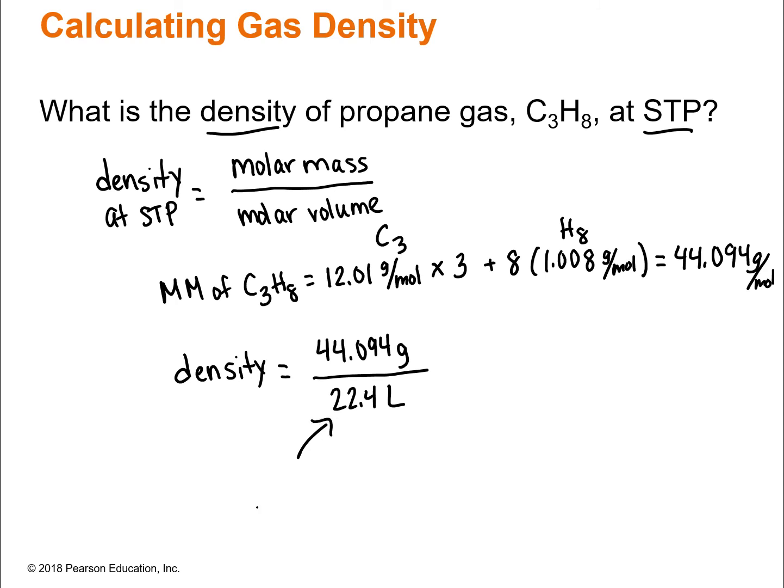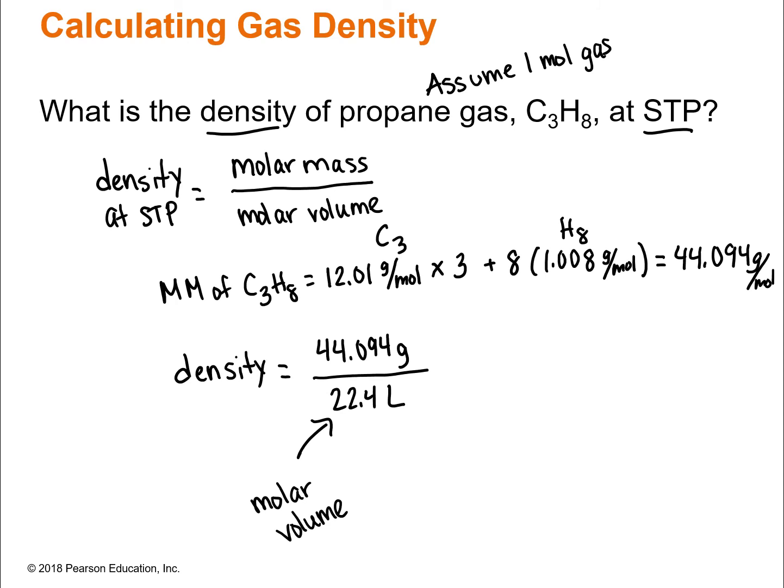Now note here we are using the molar volume. And that's because we're assuming that we have 1 mole of gas. If we have anything other than 1 mole of gas, we can't use molar volume.